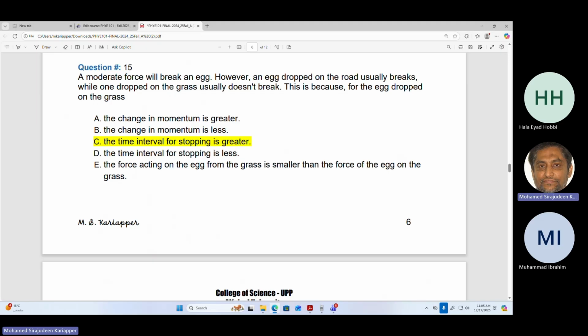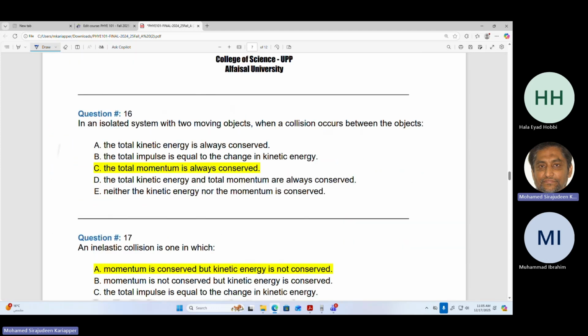So that will make the impact force smaller on grass because the time is greater. The average force is equal to the change in the momentum divided by the time. Change in the momentum is the same in both cases, whether it is grass or road, but the time is greater in the case of the grass. So the force will be smaller.